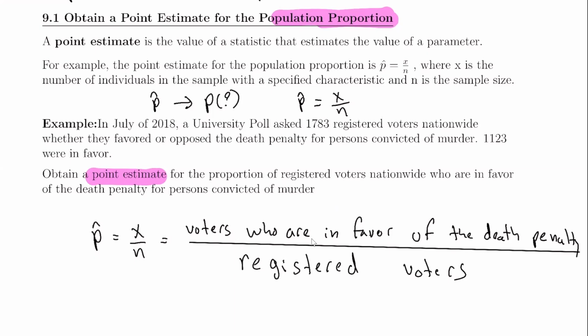So you take the voters who are in favor of the death penalty, and you divide it by however many registered voters they got.